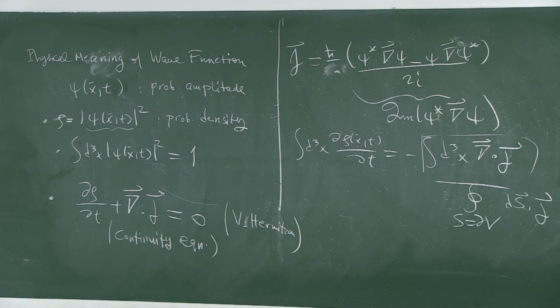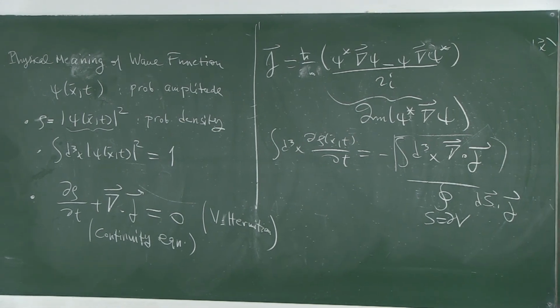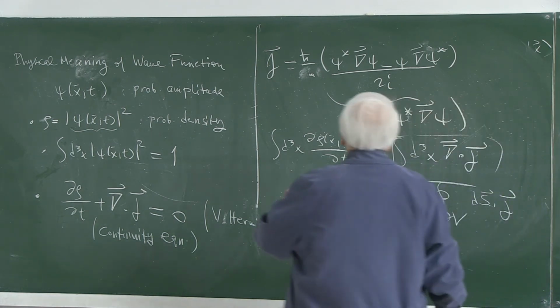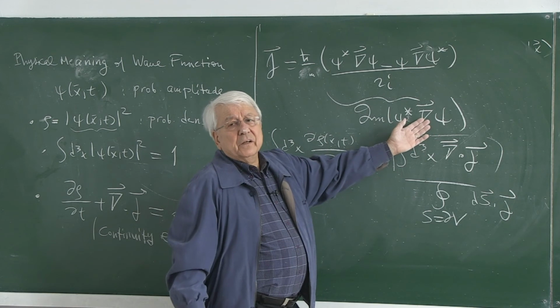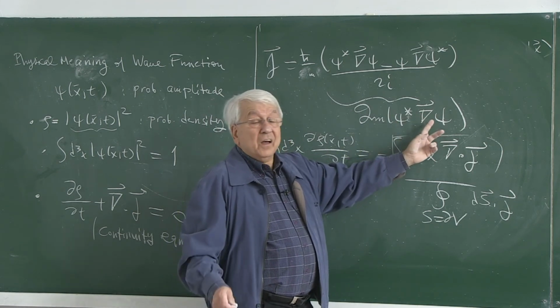Then it grows like r squared. If the current density decreases faster than 1 over r squared, it's safe. Does it decrease faster than 1 over r squared? Let's try to have a feeling. It is this expression, really. Psi, and there's a derivative of psi. It's not psi squared, really.